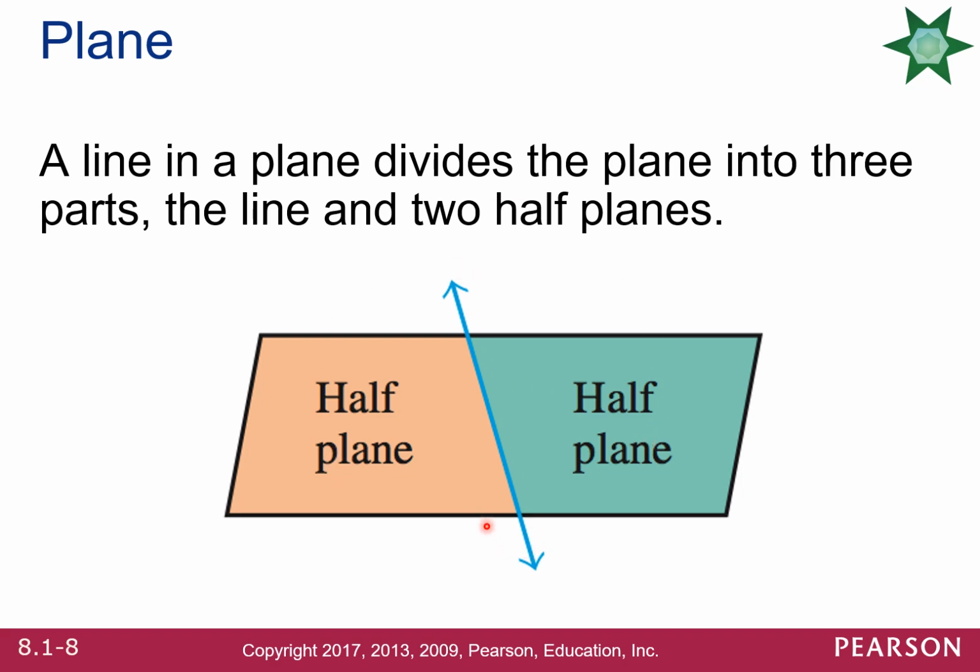Now, we spoke about the same thing for lines as well. If you recall a few slides back, we said that a point on a line divides the line into three parts. The section of the line to the left, the section of the line to the right, and the point itself is considered another part. So it's the same thing when it comes to planes and lines.